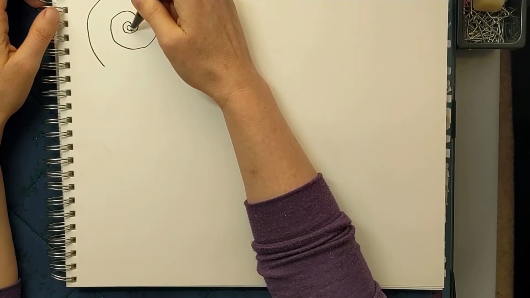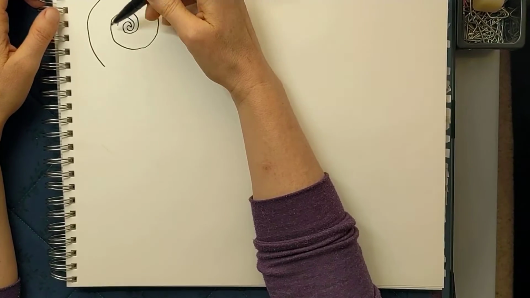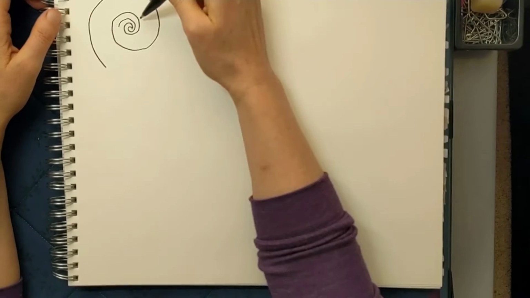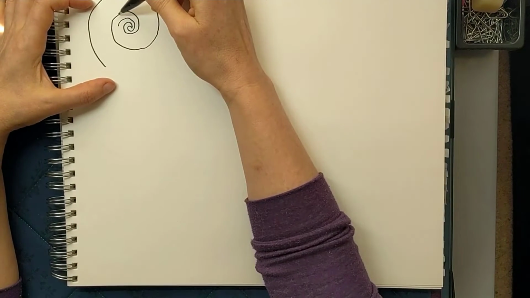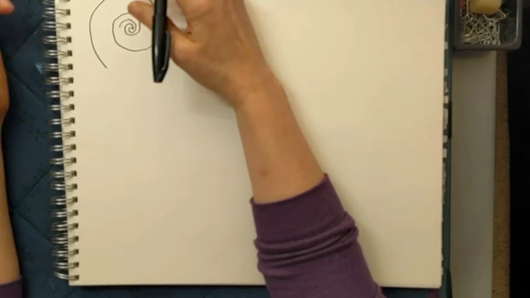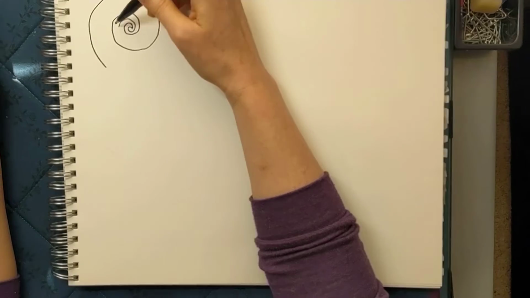Now, as I'm moving along, I am looking ahead, and I'm trying to split the difference between these two lines so that the areas of my swirl are all evenly separated. So it's like driving a car.